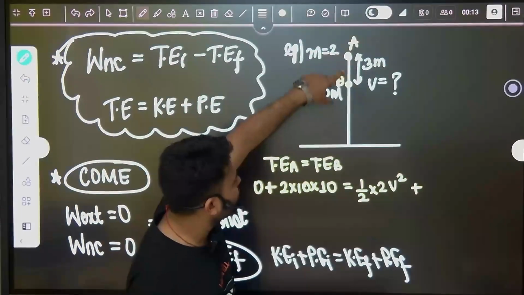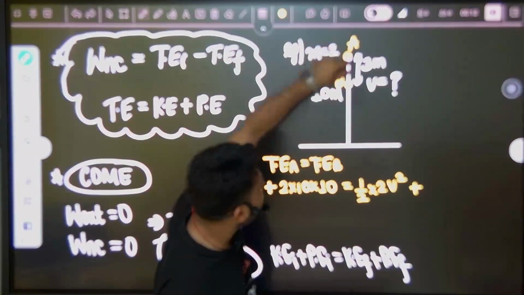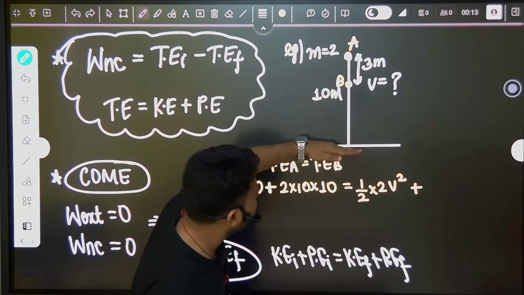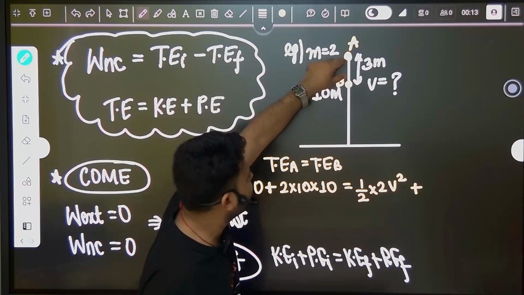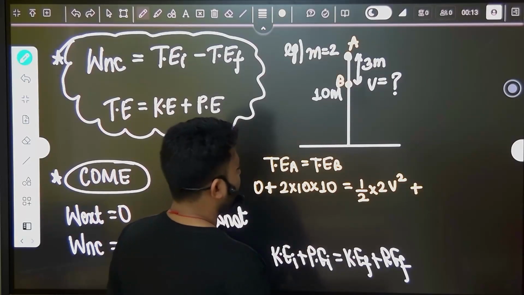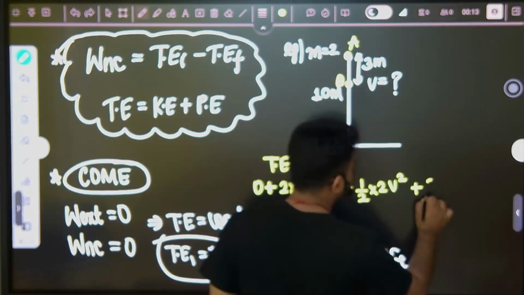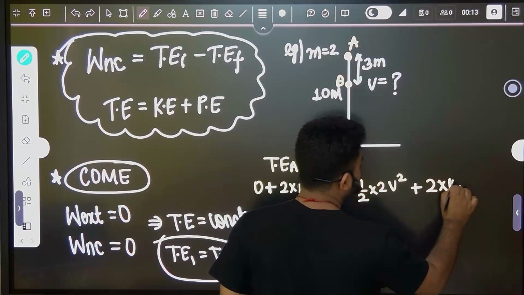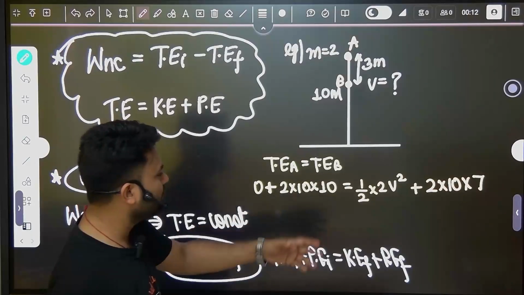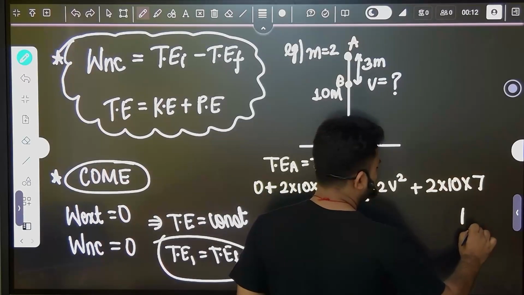The initial height also we take. That ball was here, how much height? 10 meter. But when the ball is here, how much height from the ground? This is 10, this is 3. So height from the ground is 7. So you write mgh, m is 2, g value is 10, h value is 7, not 3. So you can solve this equation and you get the value of the speed or velocity.